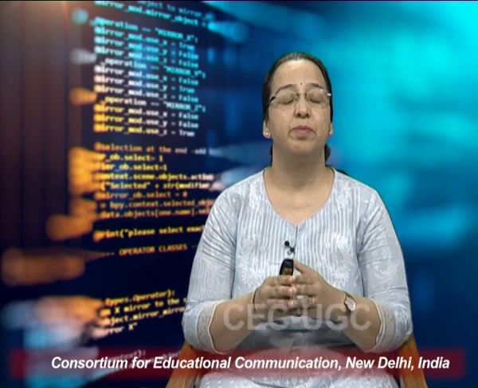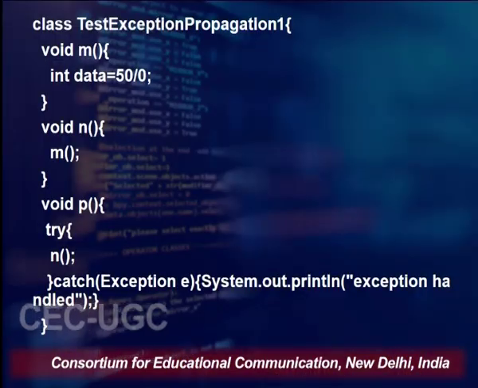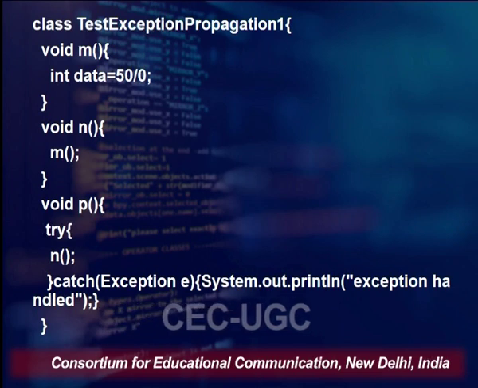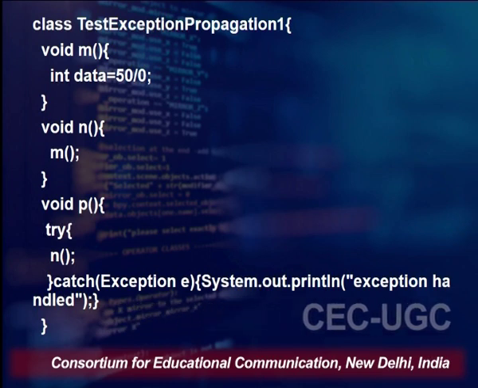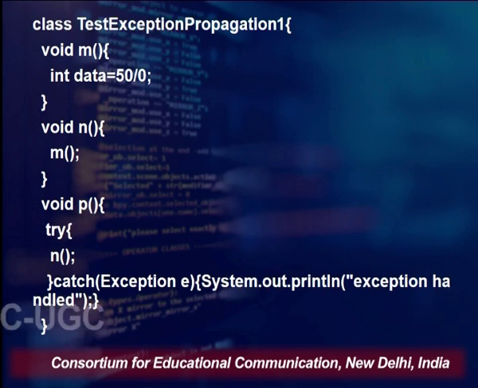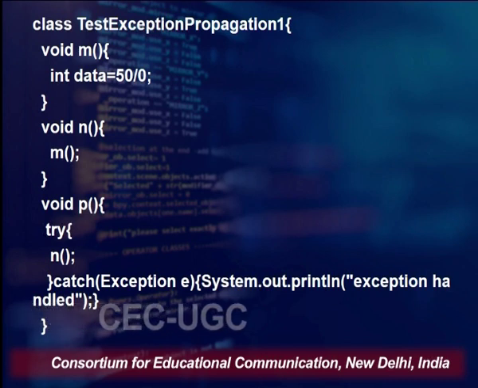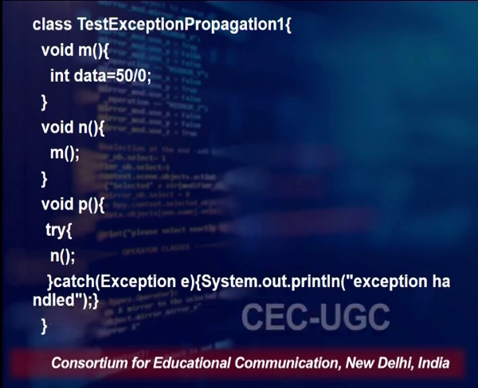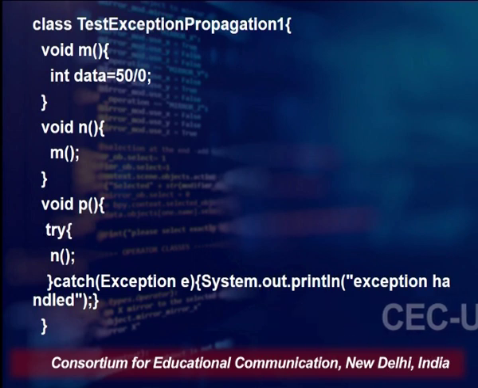So here we have a program to explain the propagation of the exception. We have a class in which we have a method m, and this method m has a code written as integer data equals 50 divided by 0. So obviously a divide by 0 exception will be raised here.